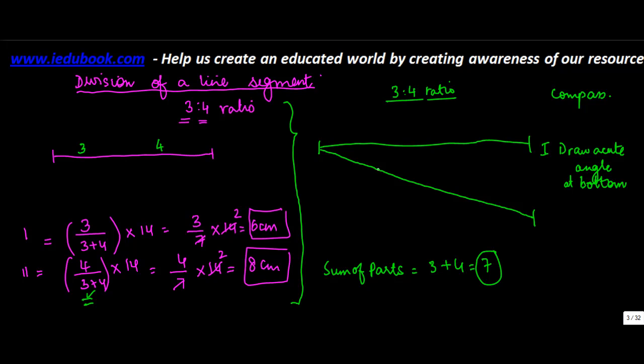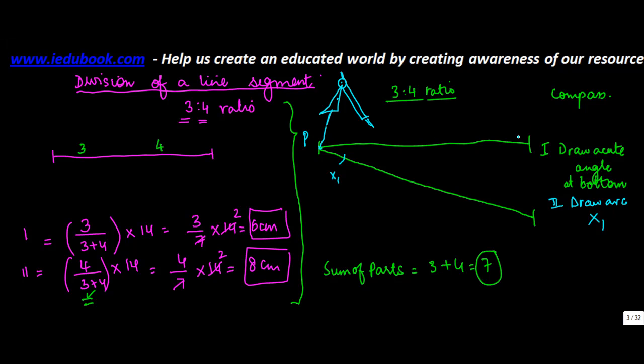Now once you've drawn this acute angle, you take your compass. Taking the compass, put the needle on this part, and draw a small arc on this line, and you call it x1. Draw arc x1.